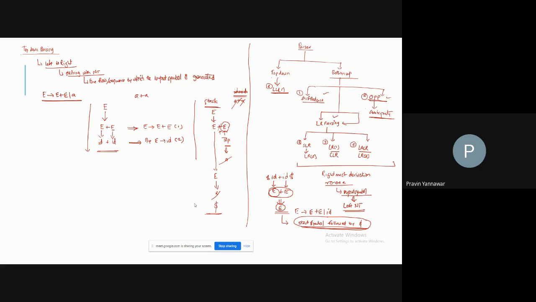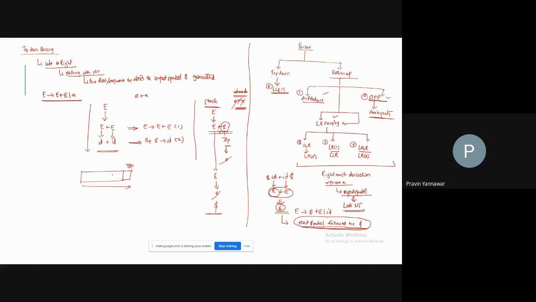But now you need to understand how it is kept onto the stack. If you have a stack like this, your top lies here.